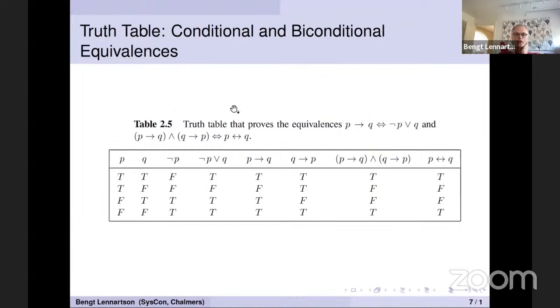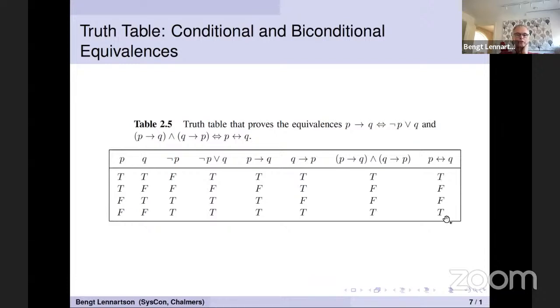Of course, truth tables can be used to prove, for instance, different aspects, like this one, that P conditional Q and Q conditional P is equivalent to the biconditional statement P biconditional Q. And that means that for all combinations of P and Q, the results in the truth table are the same: true for the first, false for the second and third, and true for the fourth.